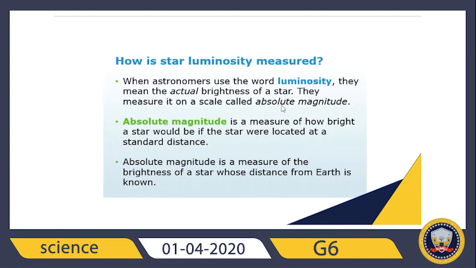So absolute magnitude will give us the actual brightness of a star, not like the apparent magnitude. Absolute magnitude is a measure of how bright a star would be if the star were located at a standard distance. Absolute magnitude is a measure of what? Of the brightness of a star whose distance from Earth is known.